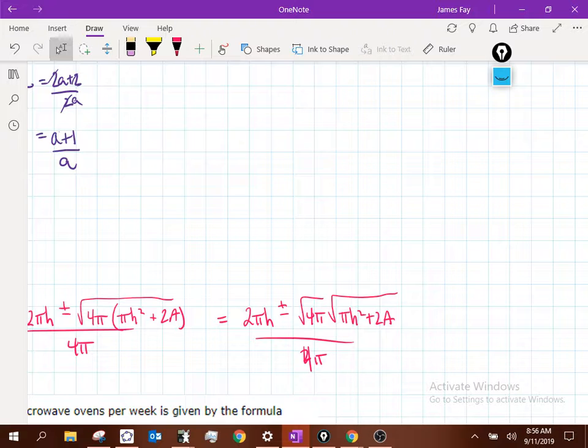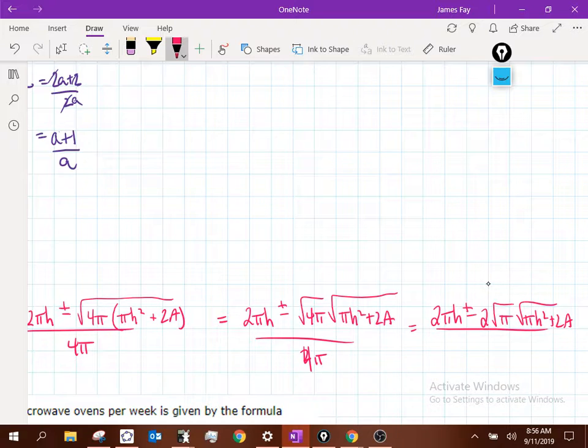Over 4 pi. And now that one there, does that have a perfect square in it? So you take the 2 out, so you get 2 pi h plus or minus 2. Now the pi still stays underneath. Pi stays underneath. Then we got pi h squared plus 2a all over 4 pi. And now can I cancel that 2 and the 2 there? So that's where they get their solution.